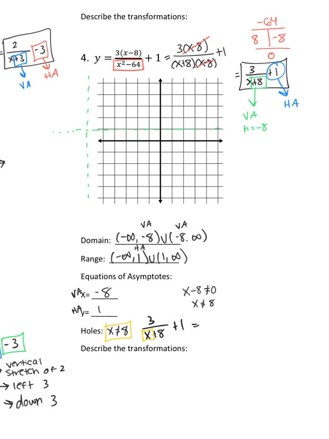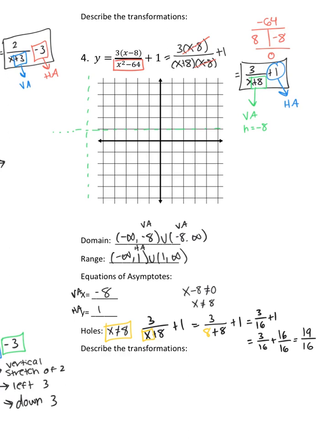Okay, so I've got 3 over 8 plus 8, plus 1. I've got 3/16 plus 1. You don't have to pay attention to the fraction work, it's okay. So we get 19/16, and we're going to leave it like that.